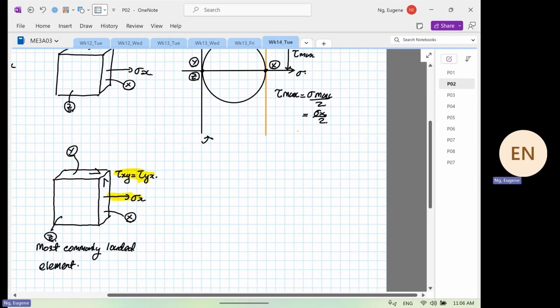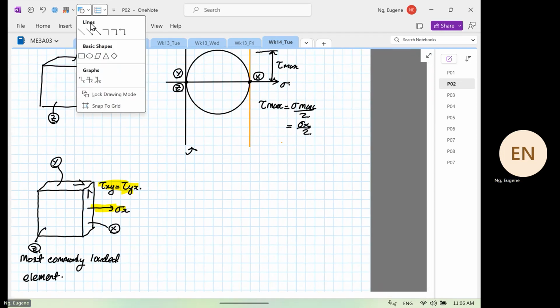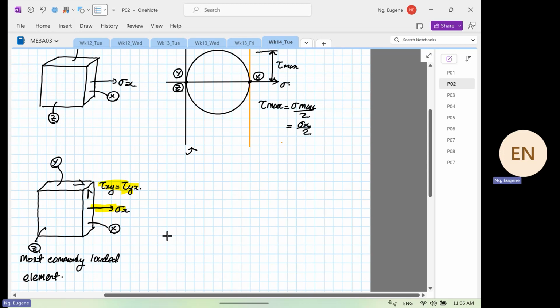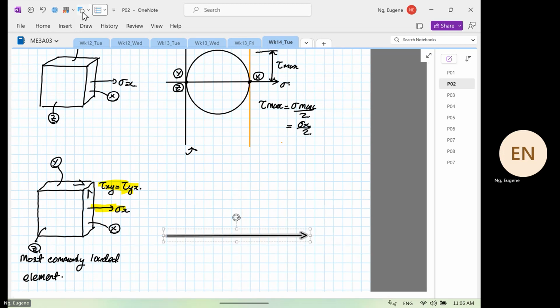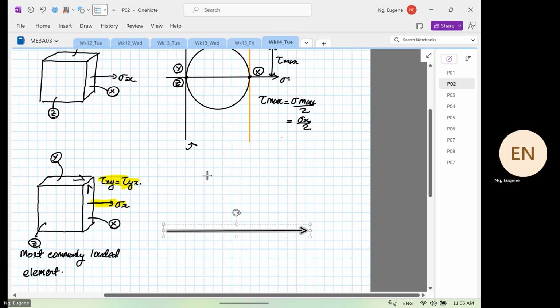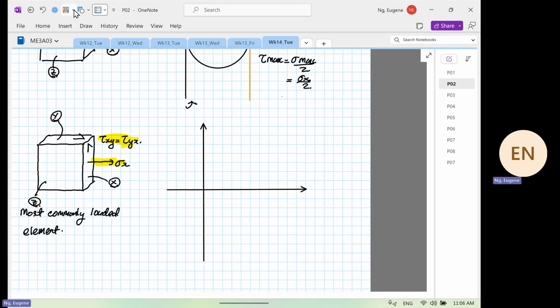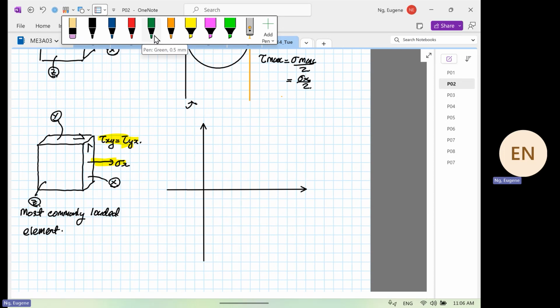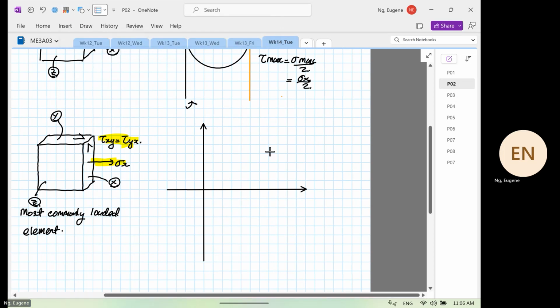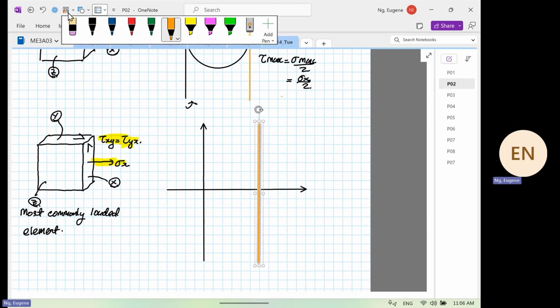So if we were to sketch the Mohr circle now, you have normal stress, and then you have your shearing stresses.